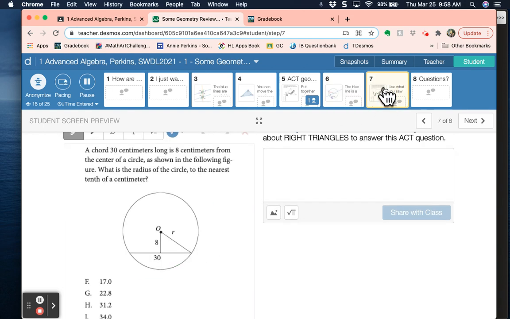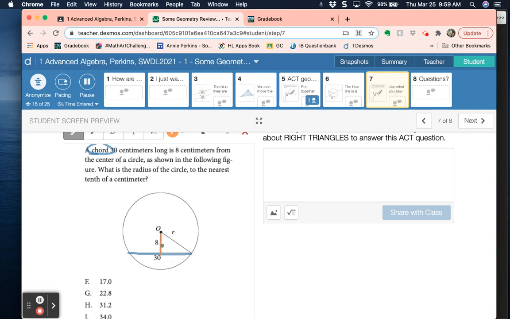Because here is the ACT question that would rely on some of that knowledge. It says the chord, 30 centimeters long, so this right here is the chord that they're talking about, is 8 centimeters away from the center of the circle. By that, they mean that this little section right here is 8 centimeters.